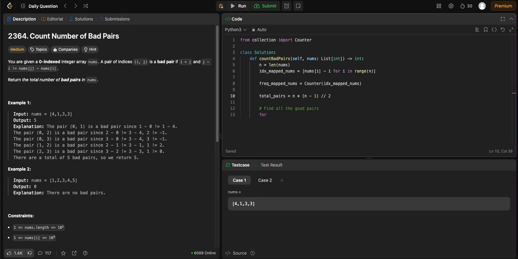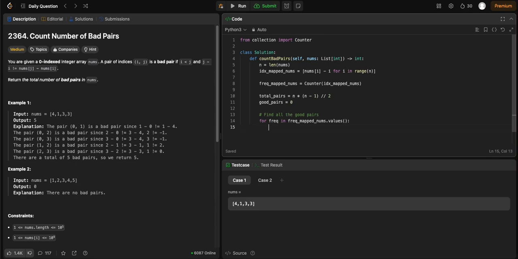So that's the number of total pairs. And we want to count the good pairs as well. So we want to find the good pairs down here. We just want to get for frequency in frequency mapped nums dot values. We only want the values. We don't really care about the actual value itself. We just want the frequency basically.